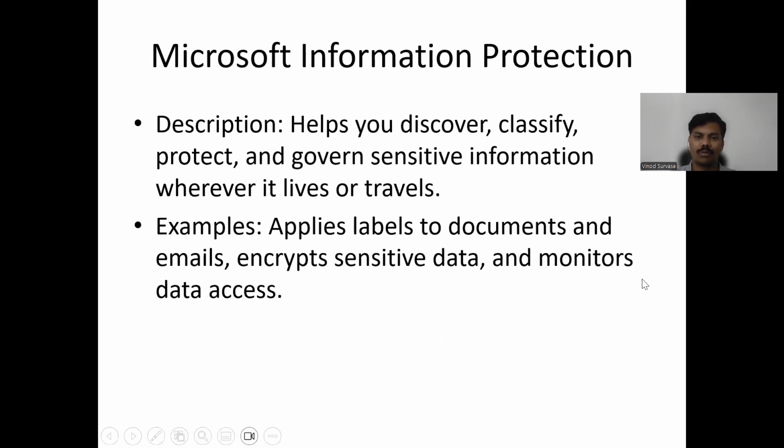So next is information protection. What it is going to help us with is to discover and classify, as well as protect and govern the sensitive information across the organization, which is going to live and travel across the organization as well as outside the organization, right? It applies labels to the documents, and it also encrypts the emails, sensitive data, and the data overall across the organization.